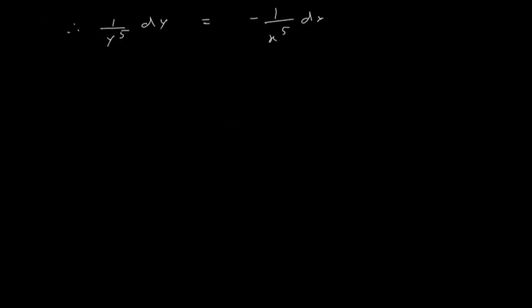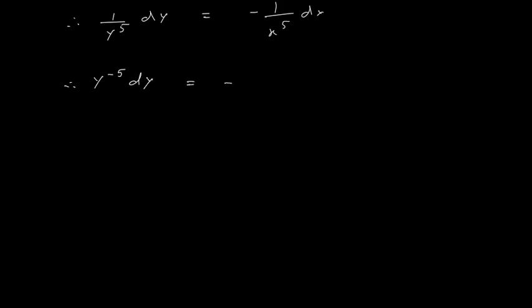So this 1 upon y power 5 I can write as y power minus 5 dy is equal to minus x power minus 5 dx. So therefore I will integrate on both the sides.